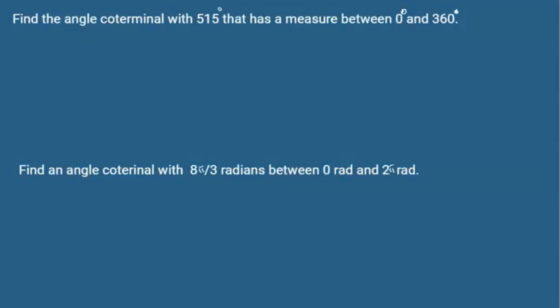Find the angle coterminal with 515 degrees that has a measure between 0 degrees and 360 degrees. So we know that 515 is in quadrant 2. Okay, let's see.